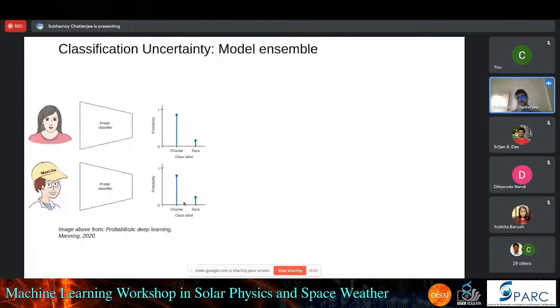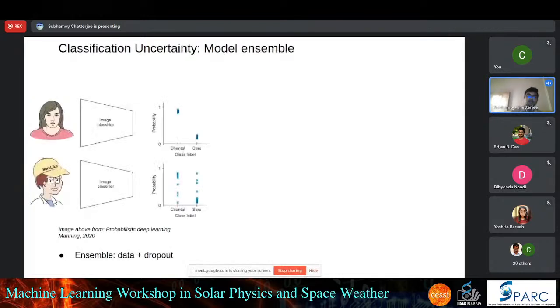So what if instead of training a single model to do this, we train an ensemble of models? That adds additional value. If your test data is well represented in the training set, the ensemble members will tend to agree with each other.